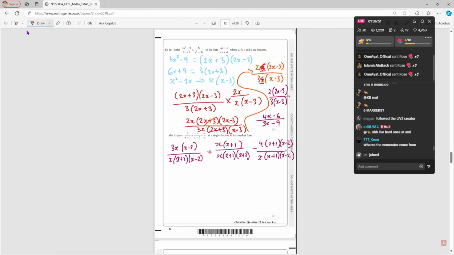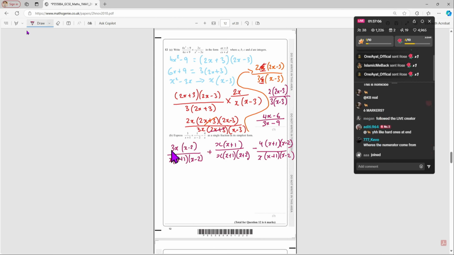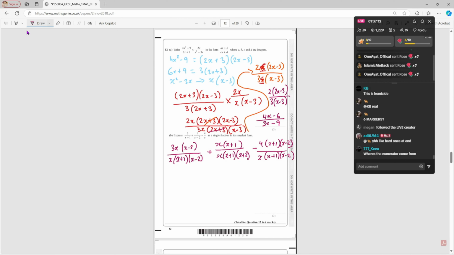For this first fraction, we are multiplying by x minus 2 and x, because we have our x plus 1 already there. So the 3 times x gives 3x, and you multiply by x minus 2. Wherever you multiply the denominator, you multiply the numerator as well. And that's how you would do this, okay?